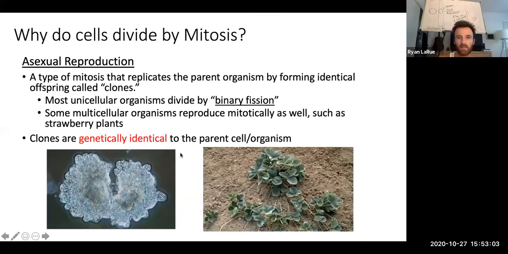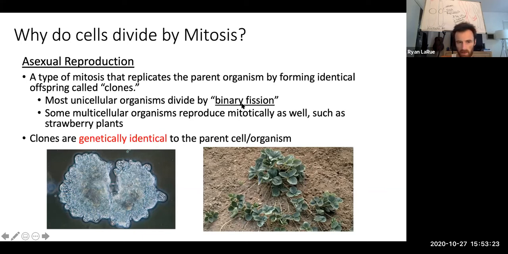Okay. The last third reason we would have cells divide by mitosis, of course, we don't do this, is asexual reproduction. So this is when a single-celled organism or a unicellular organism divides by mitosis or binary fission.